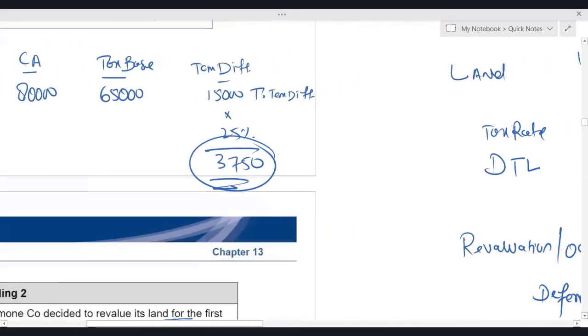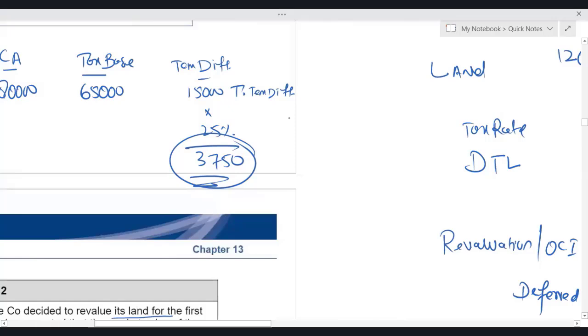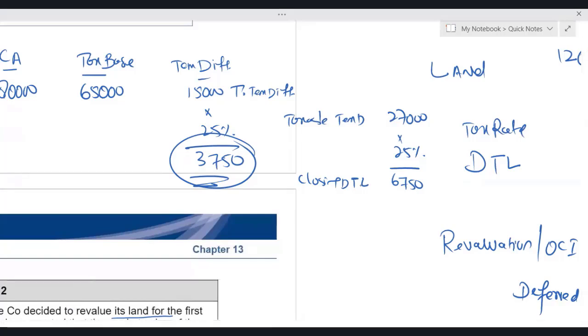So basically, we're short of space. Taxable temporary difference is 27,000 multiplied by 25%. I'm getting the closing liability 6,750. It is our closing deferred tax liability. And we know that in the SOFP, we have to show the closing deferred tax liability, which is 6,750.